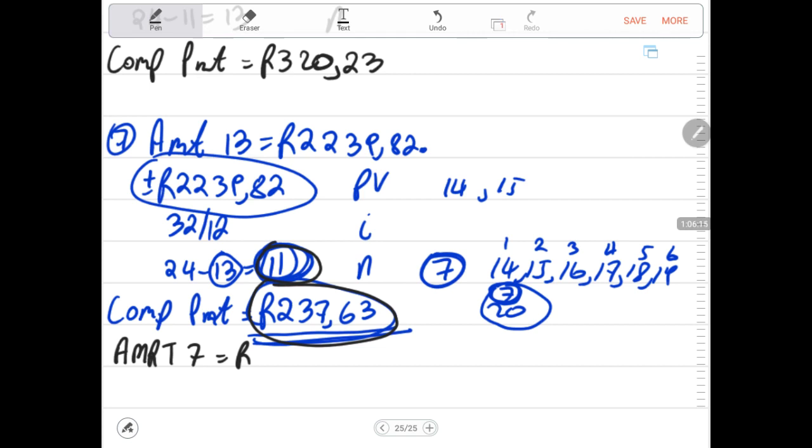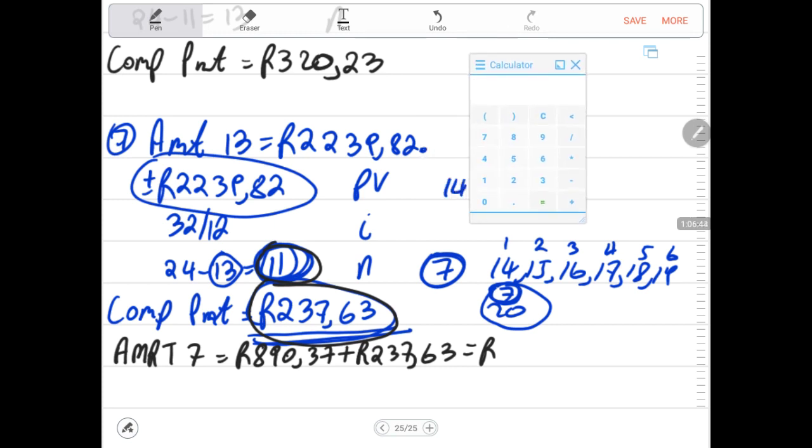We scroll down. When we set amort 7, meaning the balance after the 20th payment, the 20th month in fact, it is 890.37. Then we need to add back the 20th payment that was made, and you know that we are paying 237.63. We have to add back that payment because it was deducted previously.